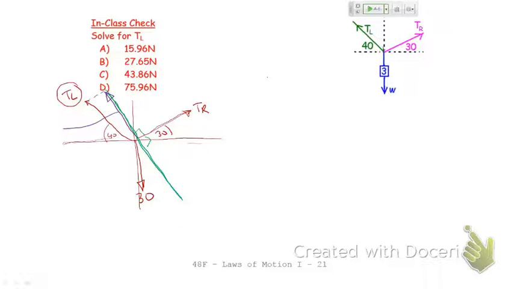If this is 30, what angle is this? 30, 60, because that's a right angle. And then this is a right angle, so 60, 30. If this is 30 and that's 40, what angle is this in between? 20. That's the one I want. So this would be TL cosine 20.